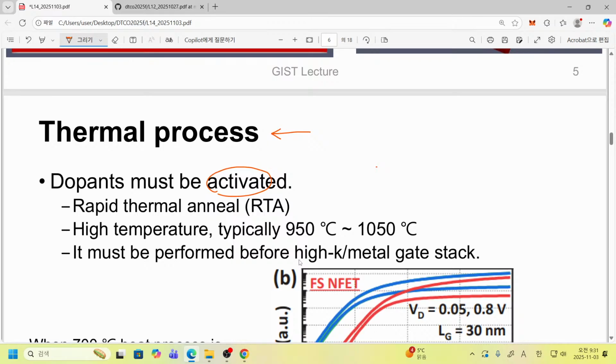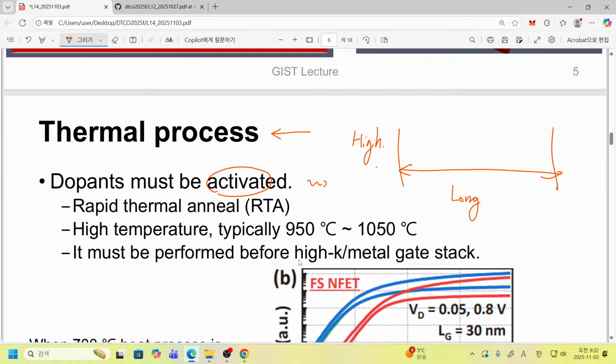So although it is written as dopants must be activated, it means that our dopant atoms should take the substitutional sites, and for that purpose we must apply quite a high temperature. If we allow quite a long time at high temperature, then that will be perfect.